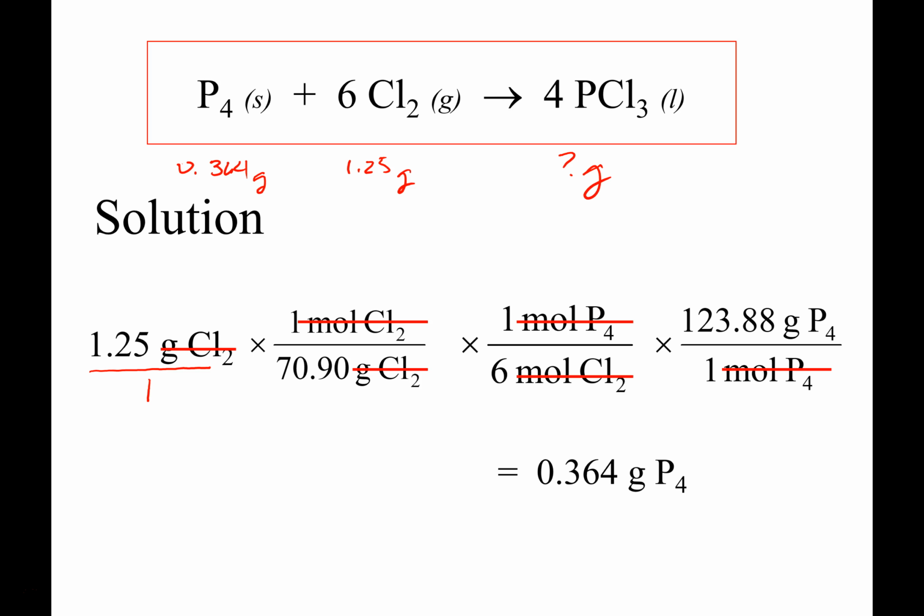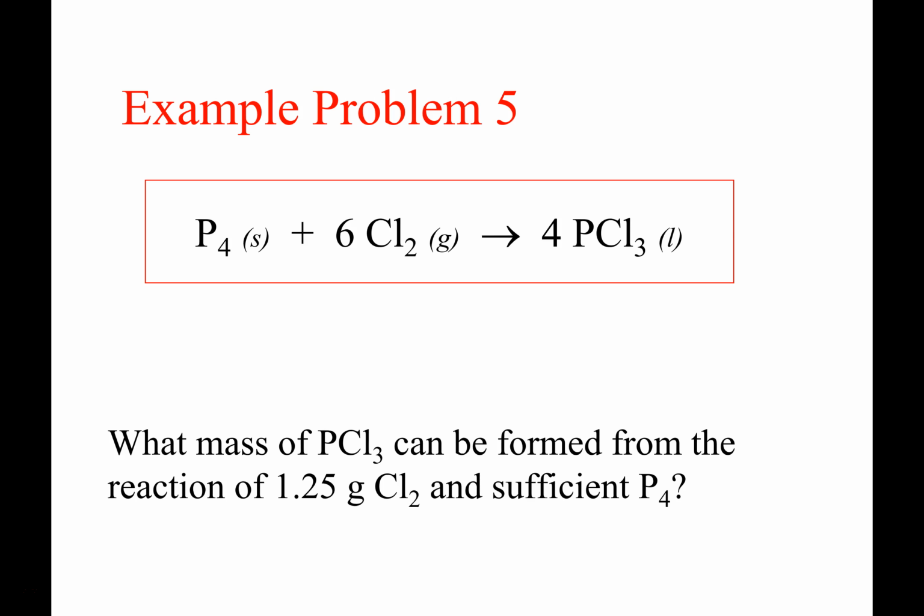Okay, all right, but let's do it. So it says what mass of PCl3, so I'll put question mark grams of PCl3 can be formed from the reaction of 1.25 grams, sound familiar, of Cl2. And I'm going to put just lots over P4. Lots as in a lot. So let's see if we get 1.61 grams of product formed.